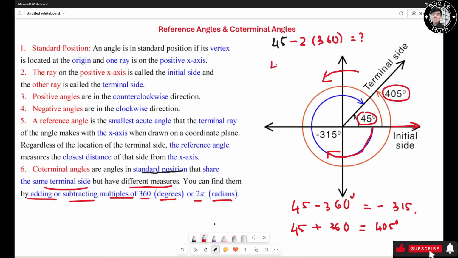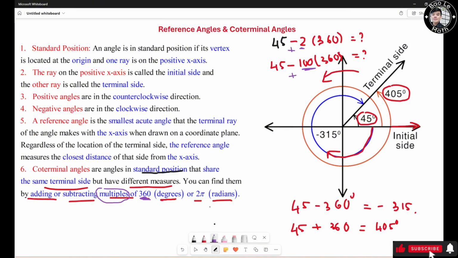Or you can take 45 and subtract 100 times 360, and then you get a new coterminal angle, because it says add or subtract multiples of 360. So the multiple, the number right here, should be an integer. Or you could add 2 times 360, or add 100 times 360 degrees.